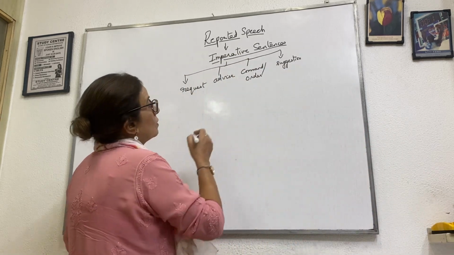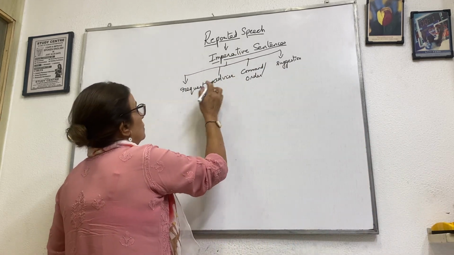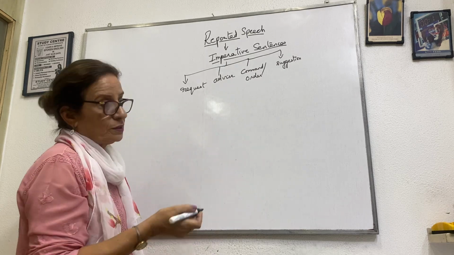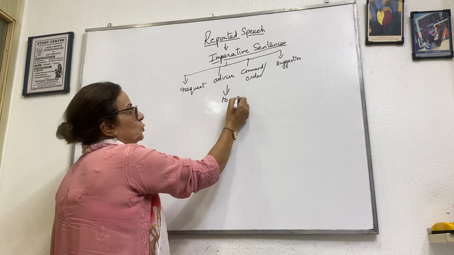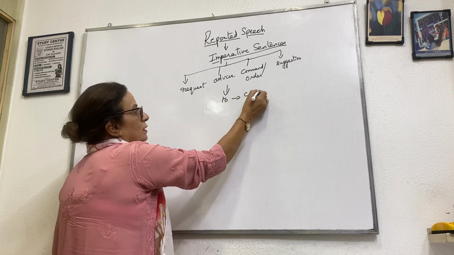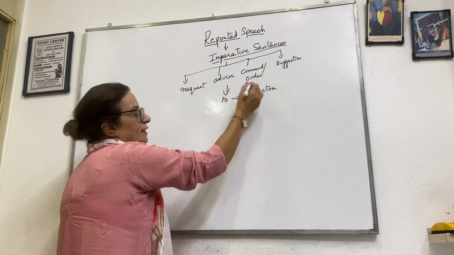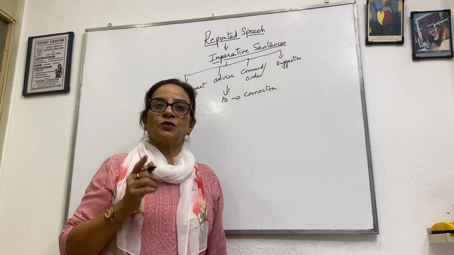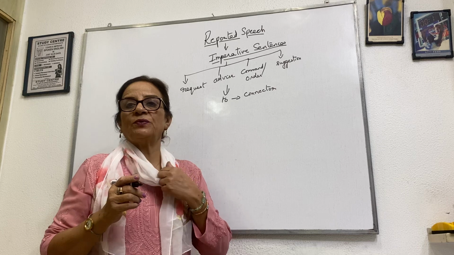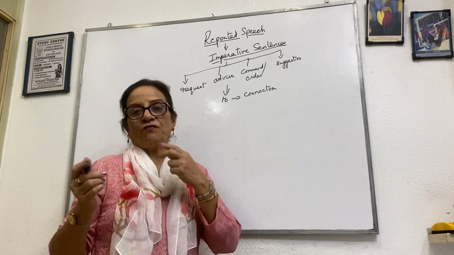Now, the rules. When we open the inverted commas, here the connector is to. Like in the earlier ones, in the declarative sentences, it was that; in interrogative sentences, it was what, with WH family questions, and others, if or whether.